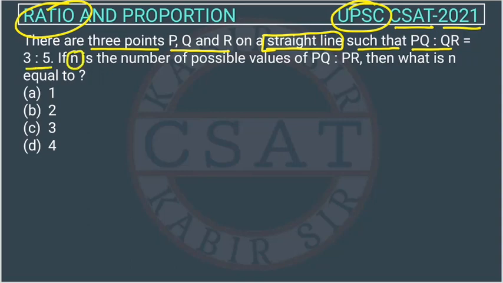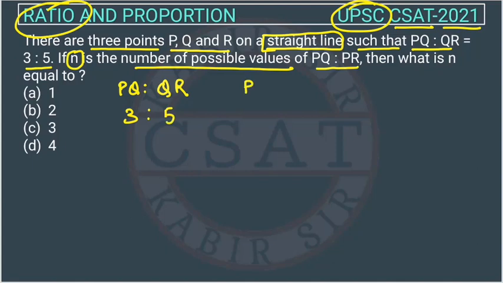If n is the number of possible values of PQ ratio PR, then what is n equal to? So what is given? They have given the ratio of PQ to QR, 3:5. And they are asking the number of possible values of PQ ratio PR.